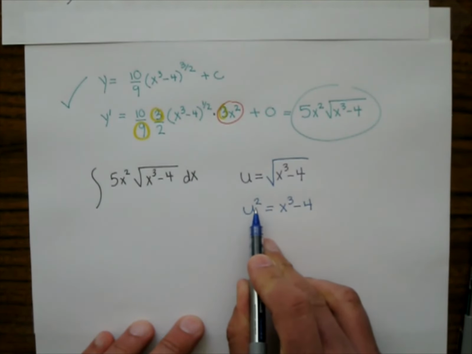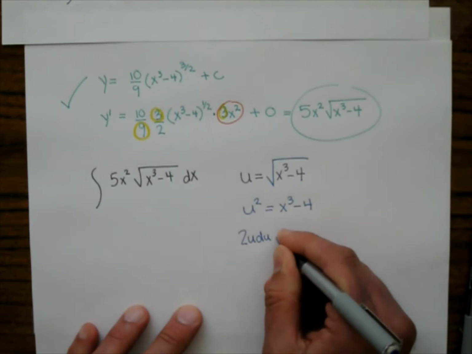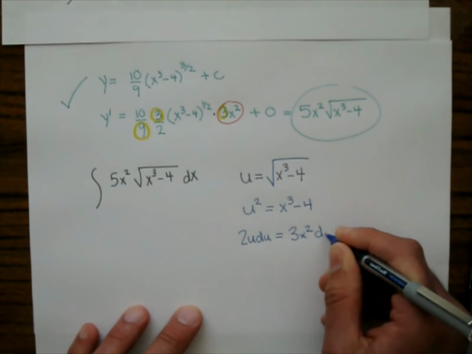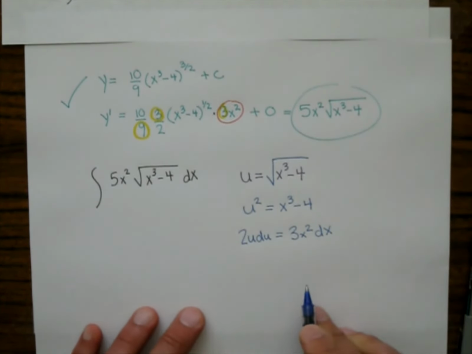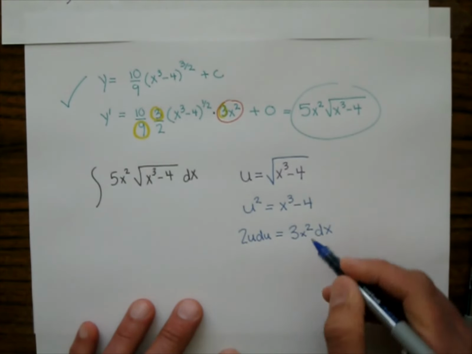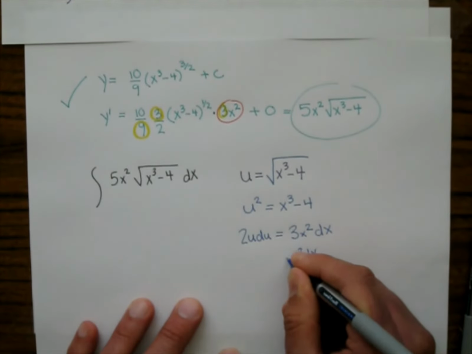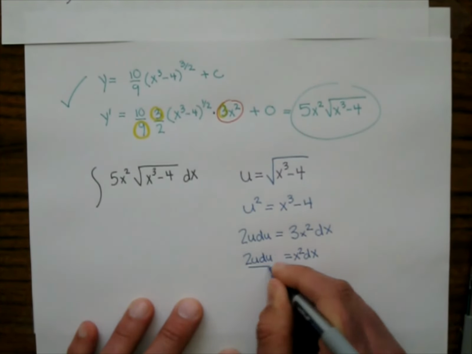I'm going to go 2u du equals 3x squared dx. I'm going to go ahead and just solve for x squared dx. So x squared dx equals 2u du over 3.